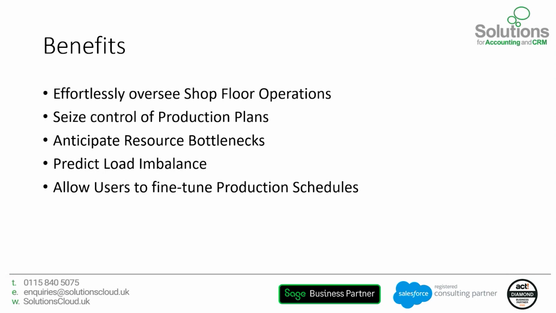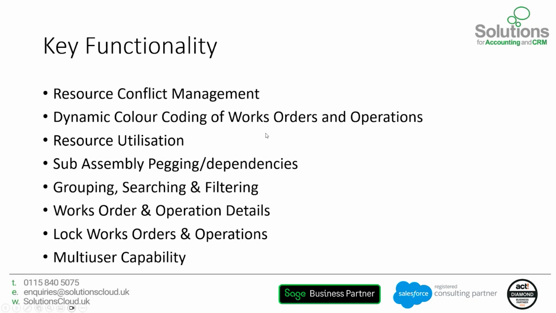Or also the opposite side of that, to be able to predict load imbalances, so to identify maybe where resources are being underutilized. So giving that overview of the information allows people to be agile and move their production plans accordingly.